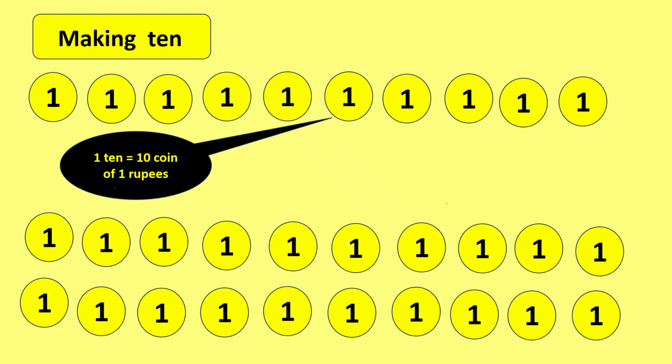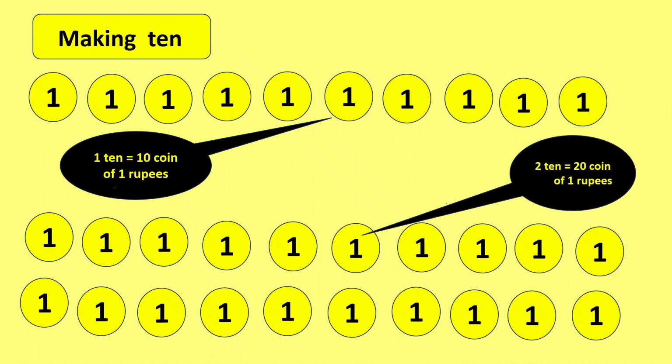And when we want to make 20, if you count it, it's 20 coins, and the upper one is 10 coins. So for the 210 we have collected 20 coins of one rupee, so we have 210. Okay, I've just explained it.